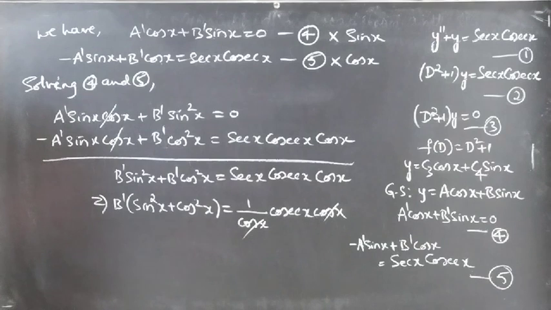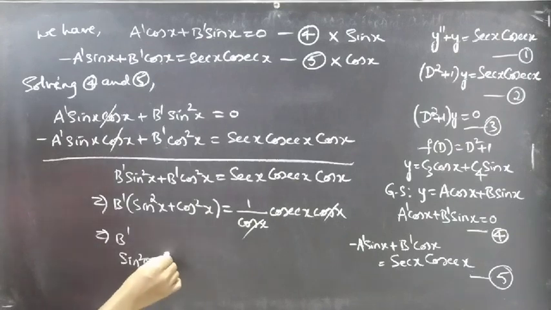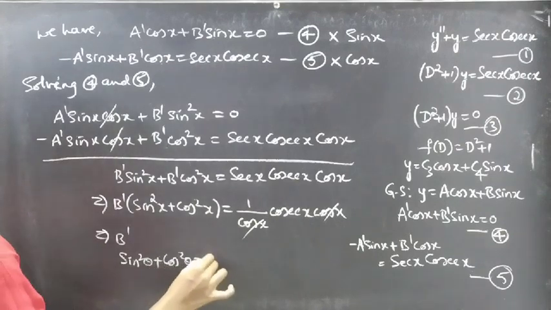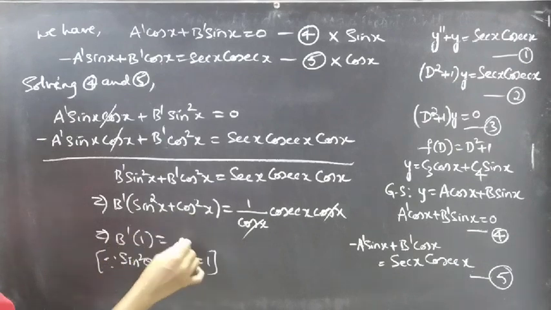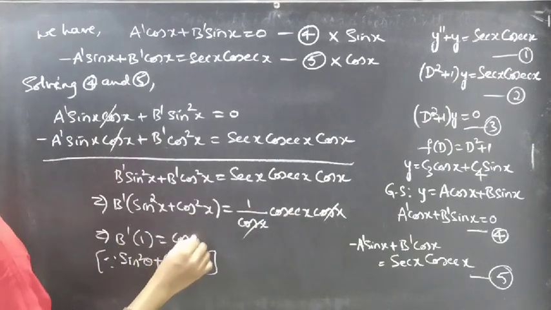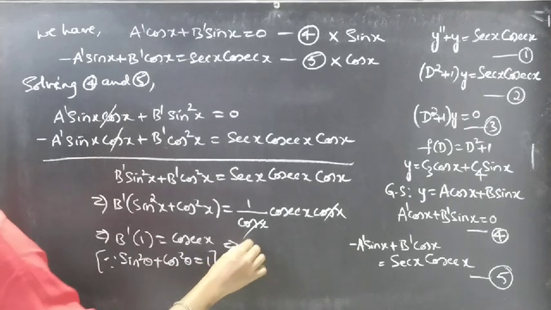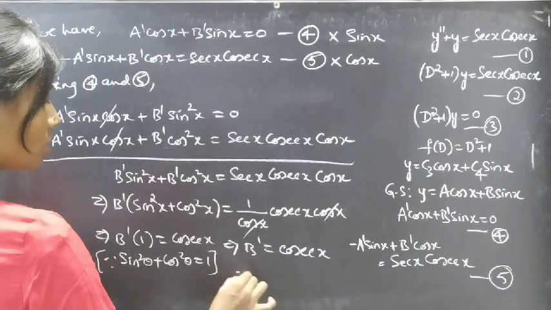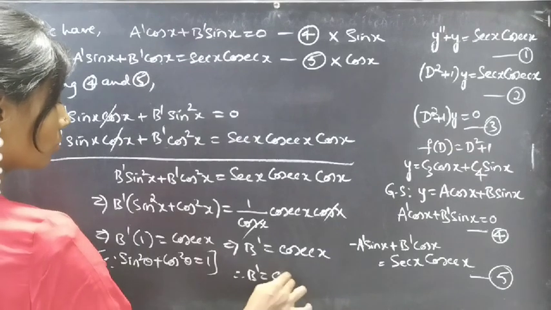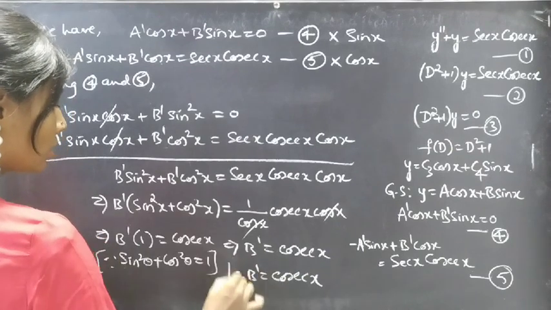So that we can cancel cos x, and we know that sin square theta plus cos square theta equal to 1. So this becomes 1 equal to cosecant x, right? This gives us b dash equals to cosecant x. Therefore, b dash equals to cosecant x.